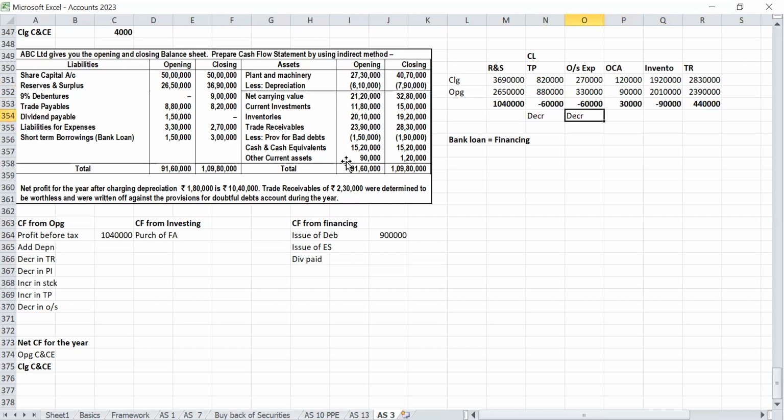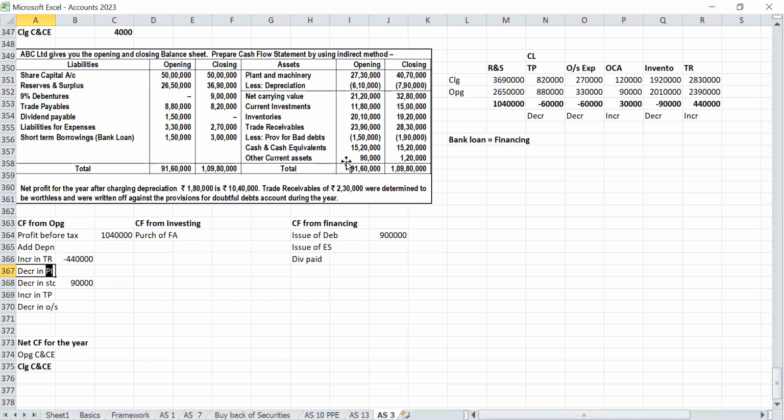Increase in trade receivable, what should I do? Increase in trade receivable, current asset increases, so we have to minus 4,40,000. Then stock decreases, so we have to add 90,000.